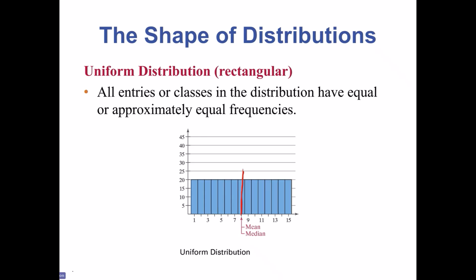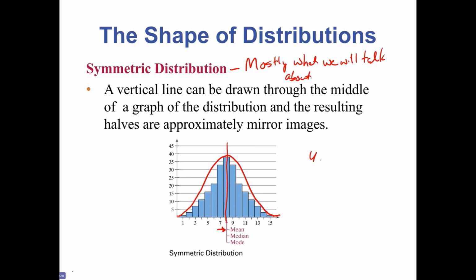So our middle still represents the mean and median, but because everything is flat, there is no one class that stands out above everything else, right? So we don't have a mode in this case. It's worth mentioning, symmetric distributions are typically going to be unimodal, so one mode.